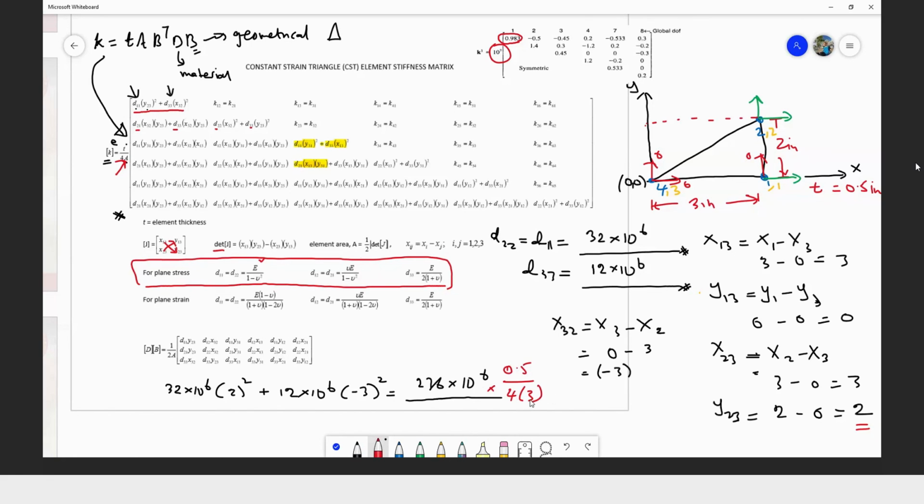Our area is 3 just now. So please don't miss the variable. We have a constant variable outside of our matrix here. Ni yang ni jangan tertinggal. Yang tadi kita kira, yang ni je yang kita kira. So kita belum darab lagi dengan yang dekat luar dia tu kan.